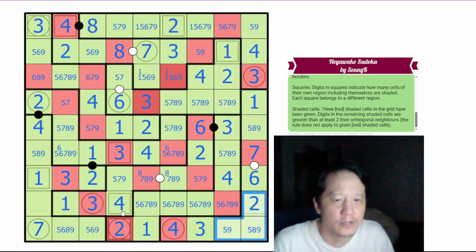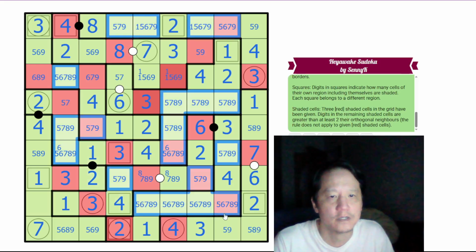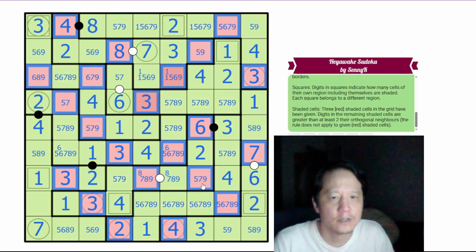Okay, so we're all done, and I think all the greens are orthogonally connected. The reds are, yeah. Yeah, the greens are all orthogonally connected.